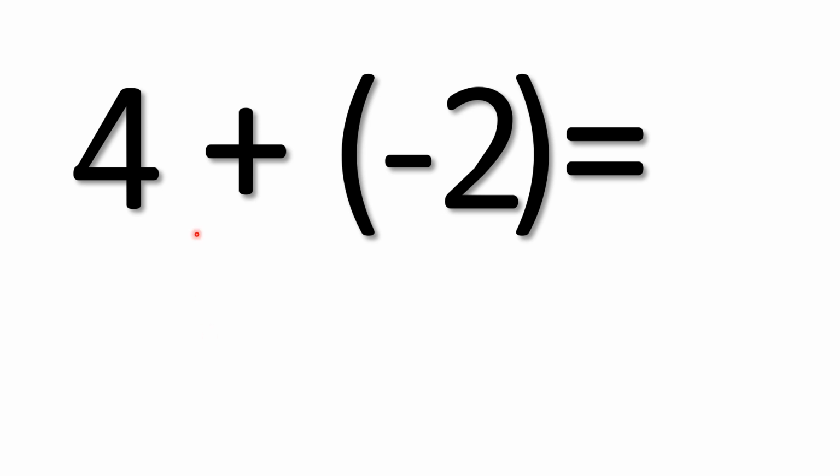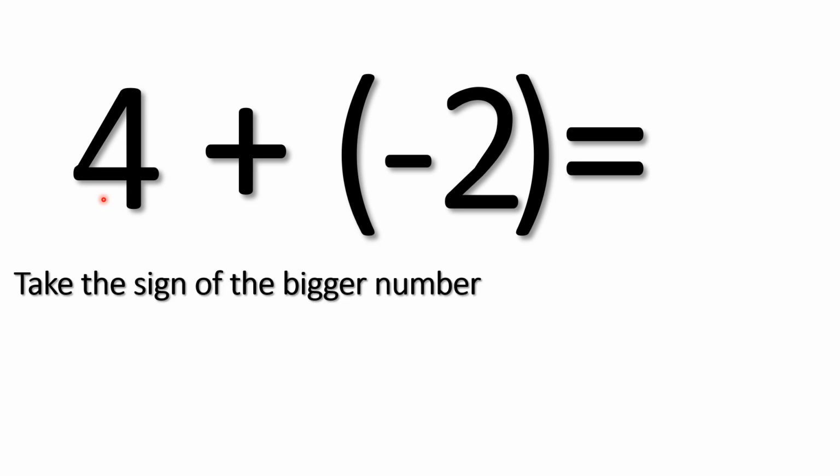You can also here replace the positive and the negative with a negative sign. And -2 is 2. Or you can look at the bigger number, which is the 4. The 4 is positive over here, so my answer is going to be positive. Then you subtract. 4 minus 2 is 2.